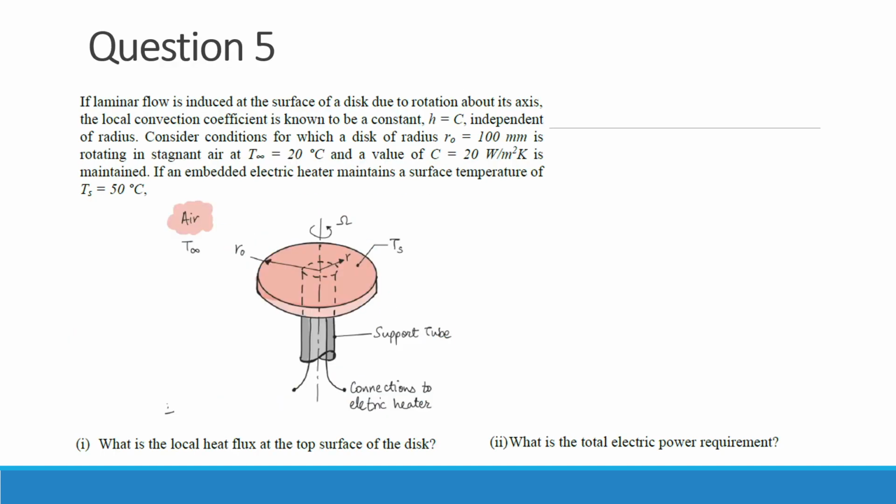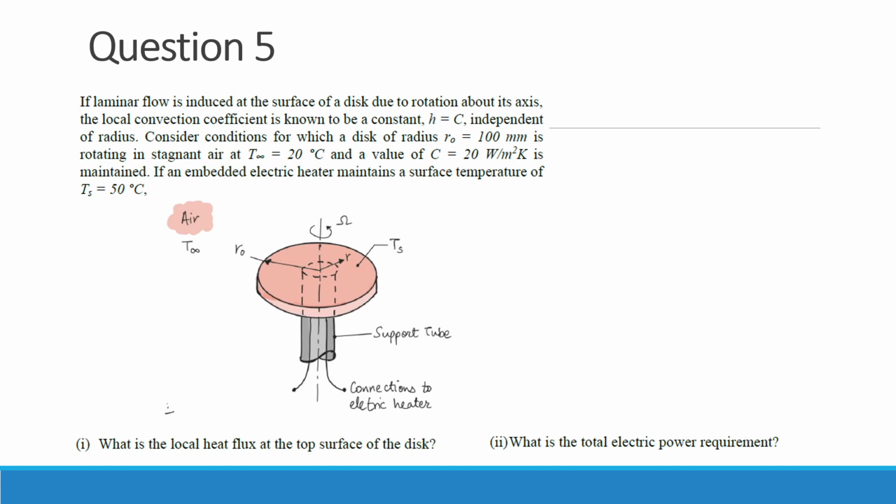Now let's move on to question number 5. Question number 5 states that if a laminar flow is induced on the surface of a disk due to rotation about its axis, the local convection coefficient is known to be constant, that is h equal to c, independent of radius.